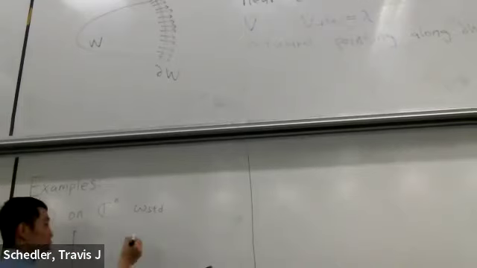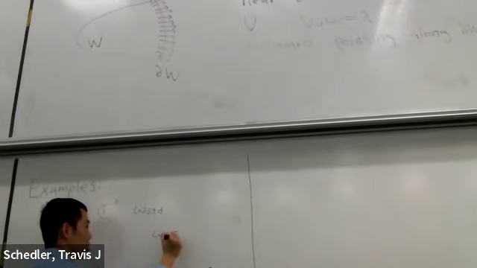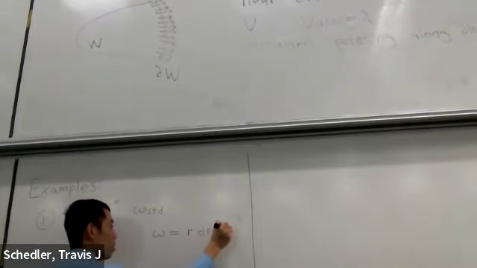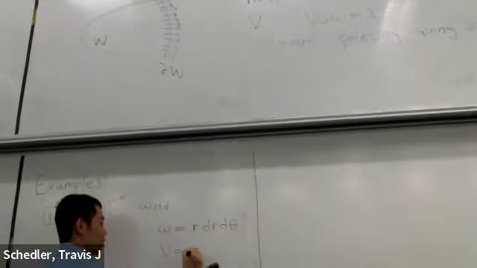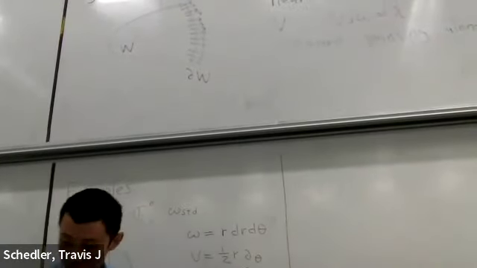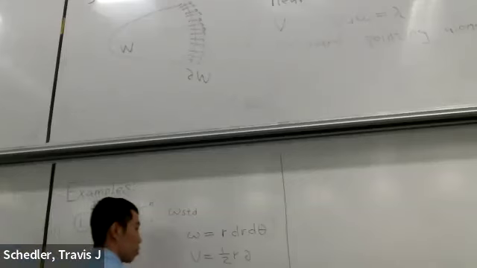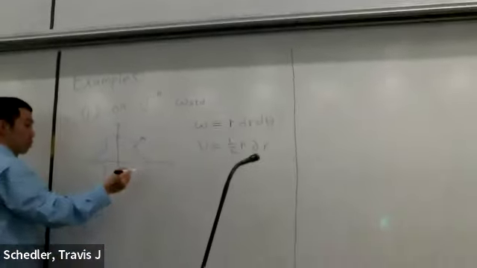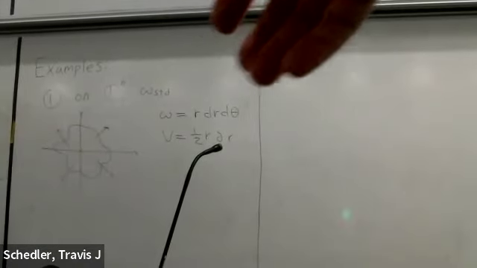In this case, let's say n equals 1, omega in polar coordinates we can write as r dr d theta, and this V is roughly one half r times d/dr. It's a vector field in the radial direction.